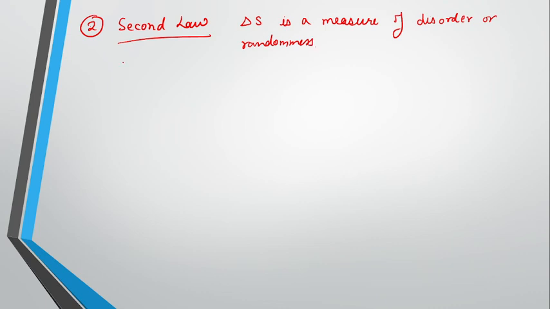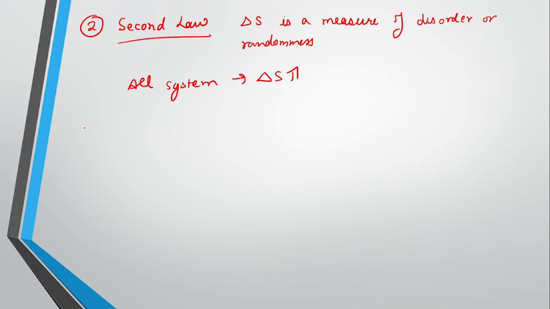Okay, so what happens? All the systems tend to progress towards maximum entropy. So all systems will tend to move towards increase in entropy. They try to reach maximum entropy.